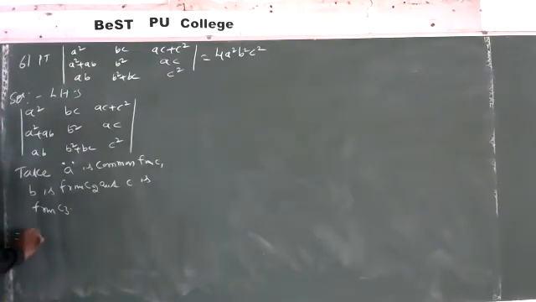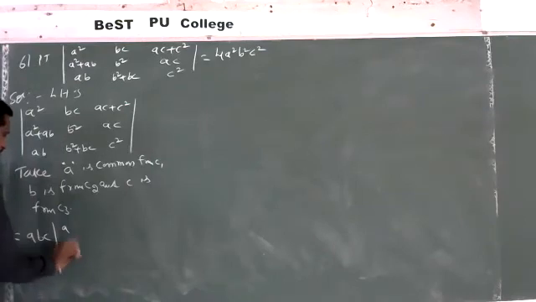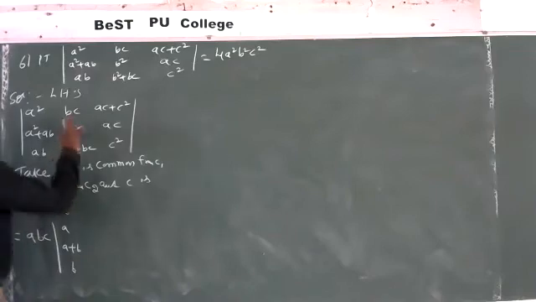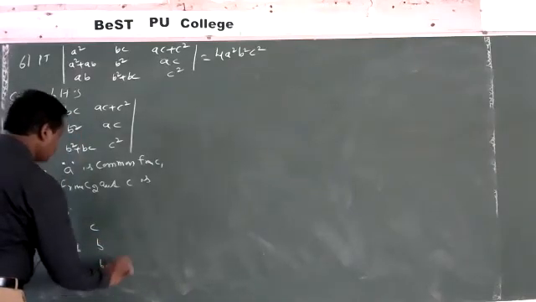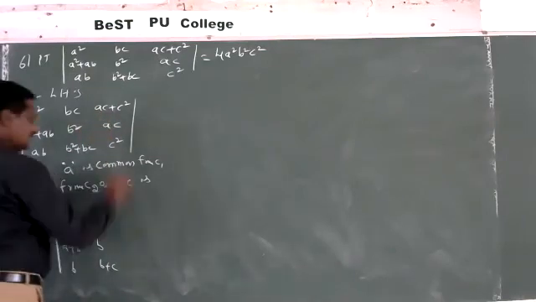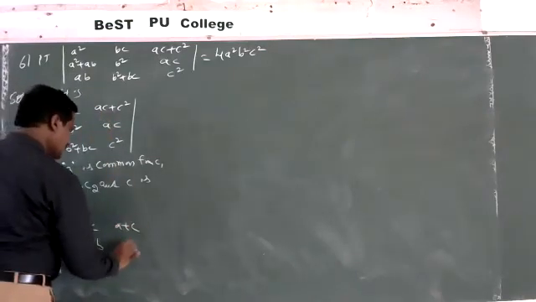Then it becomes ABC. Here A is common means A plus B, B. Here B is common means C, B plus C. Here C is common means A plus C, A, C.